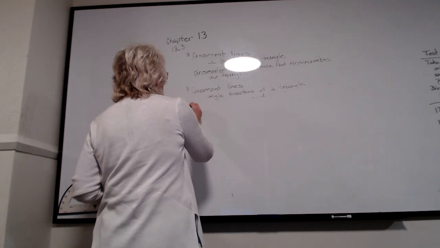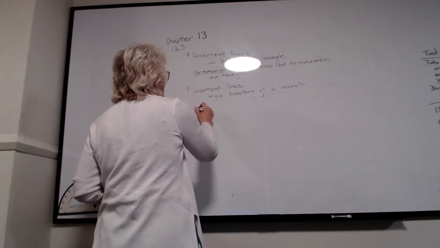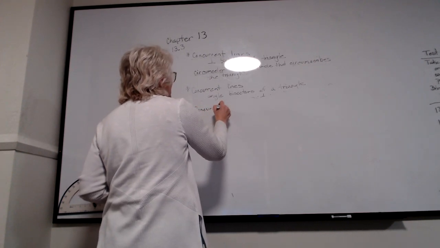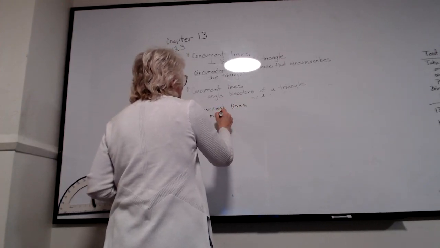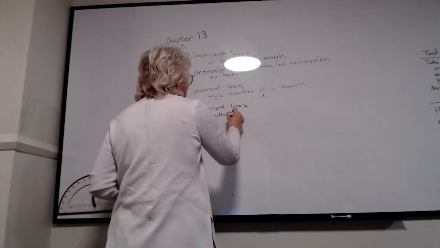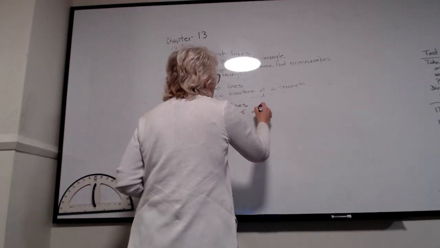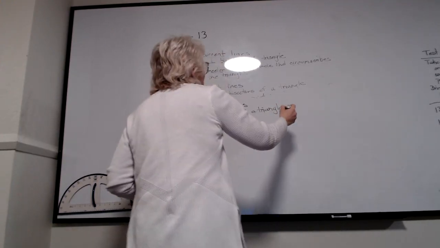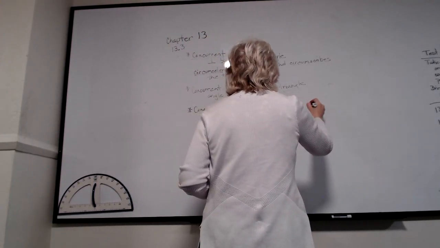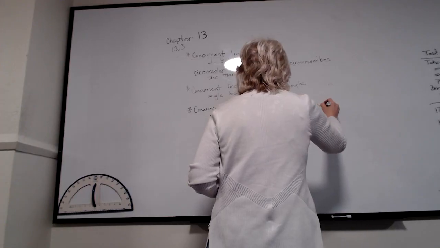First one is the medians of a triangle are concurrent. Is this still 13.3?